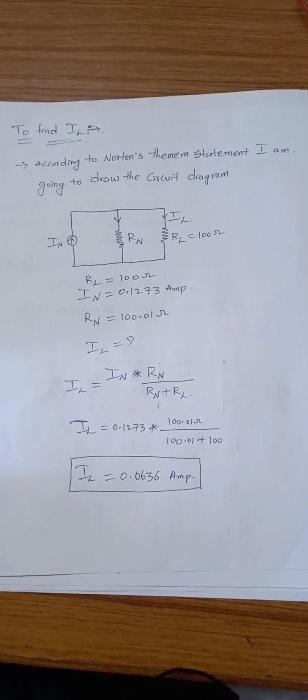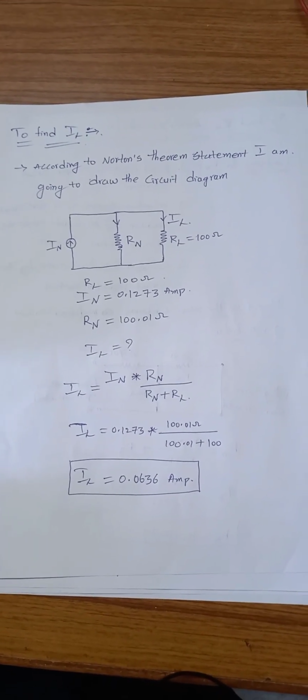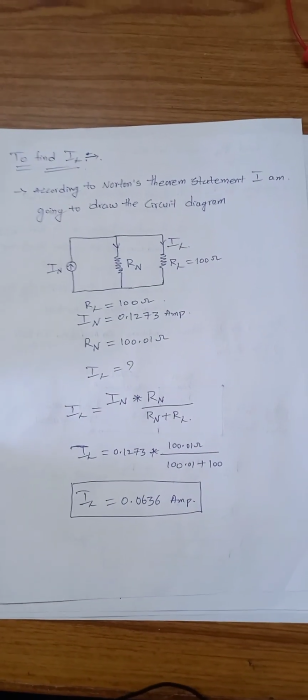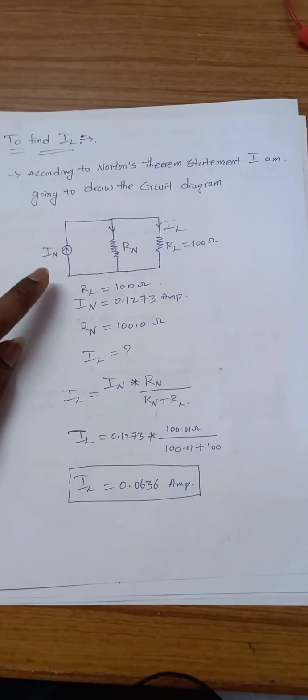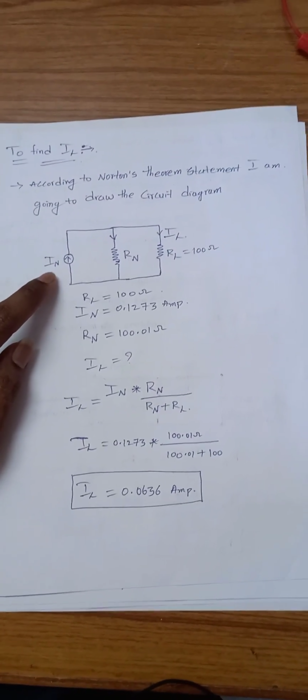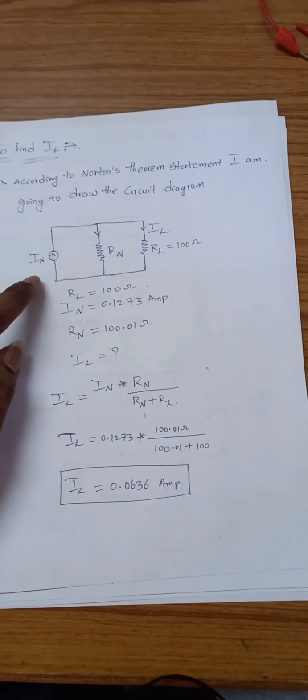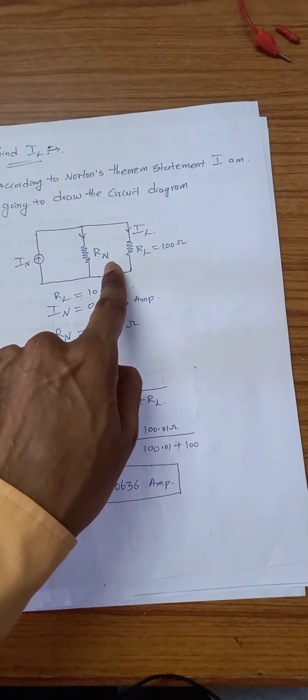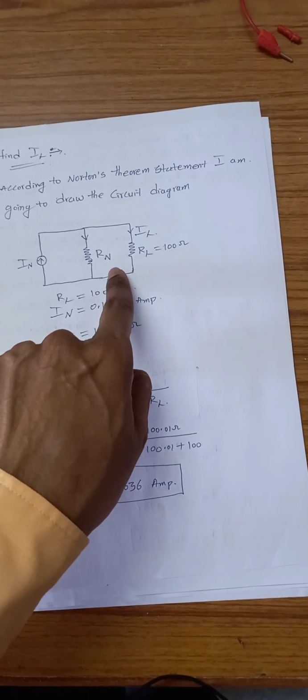Then we will go for the calculation of load current. According to Norton's theorem statement, I am going to redraw the circuit diagram. You remember, according to the statement, IN is in parallel with the load resistance as well as the Norton resistance.